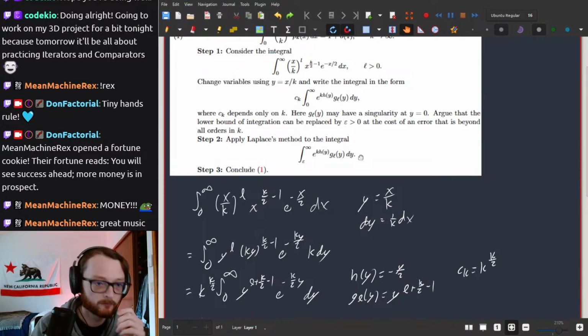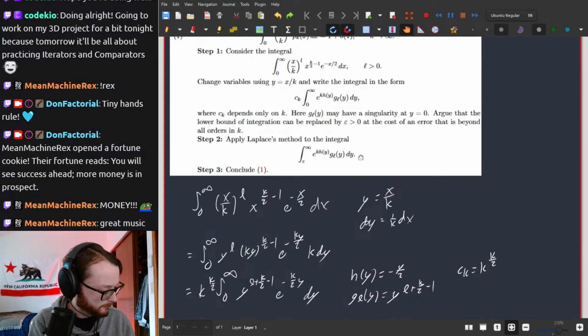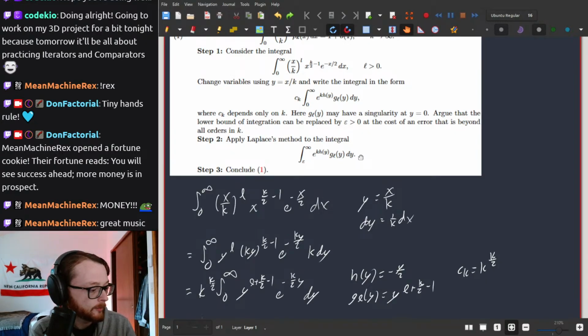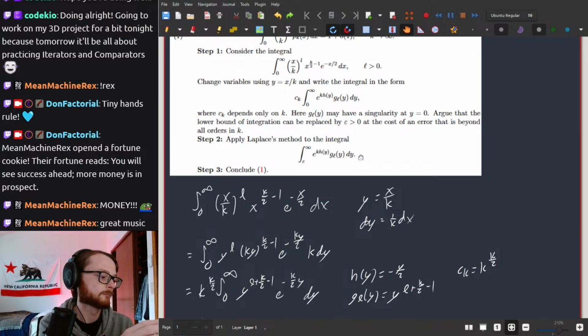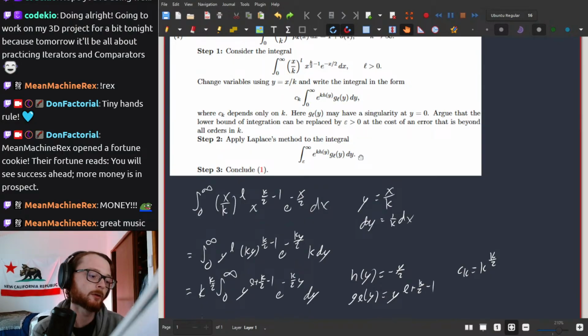Hmm. Is this like a Watson's lemma or some crap? Okay, so what does Watson's lemma tell me?